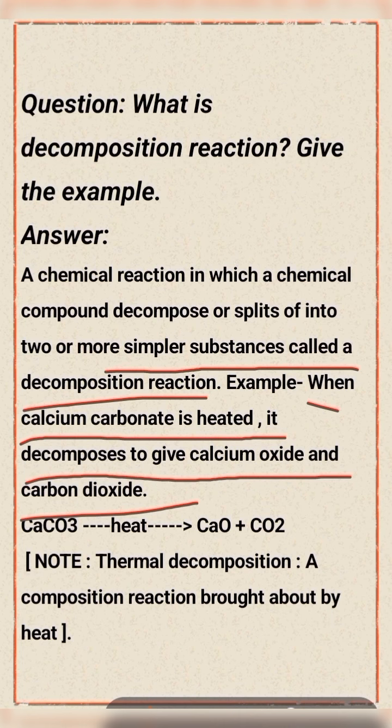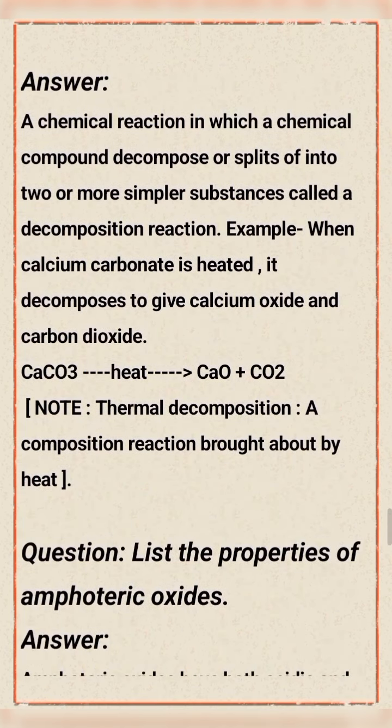That is the chemical equation: CaCO3, calcium carbonate, applied by heat, forms calcium oxide and carbon dioxide. Okay. Note this part: thermal decomposition reaction is a decomposition reaction brought about by heat.